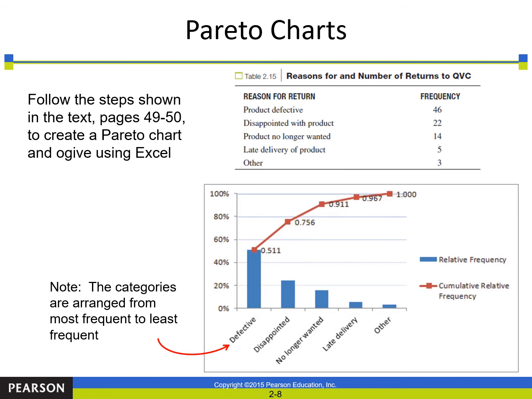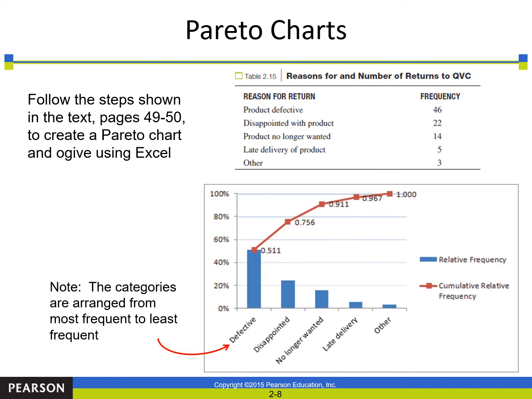Product defective has the highest frequency of 46. Once we construct our chart, and there is an option for it where you just select Pareto, you're going to get your bars organized in decreasing order. The first category with the highest frequency will be displayed on the left, and then it just keeps going down as the numbers go down.